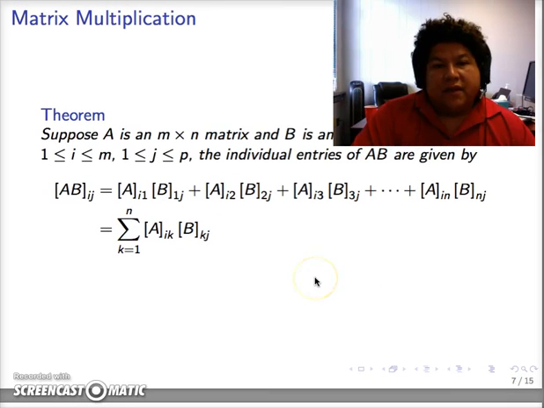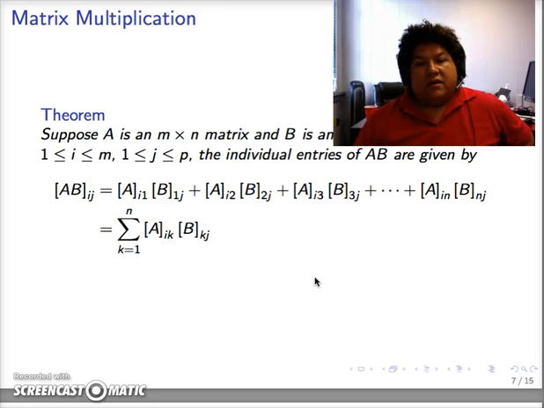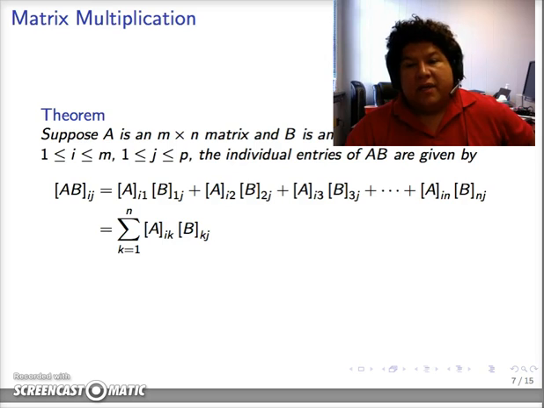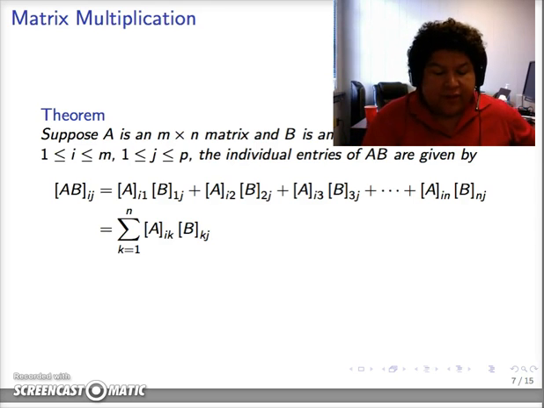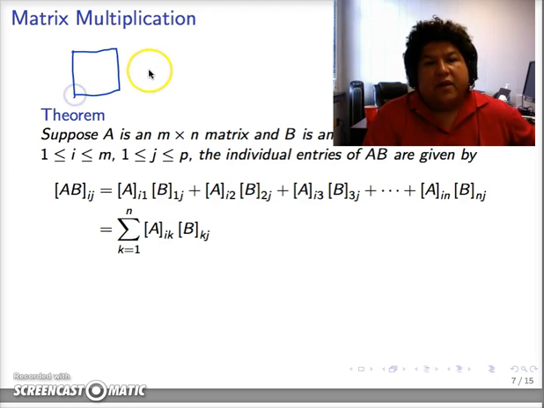What's stated here as a theorem is actually the way in which many textbooks define matrix multiplication. We have clarified that we're thinking of a matrix multiplying another matrix. The main requirement is that the number of columns matches the number of rows.